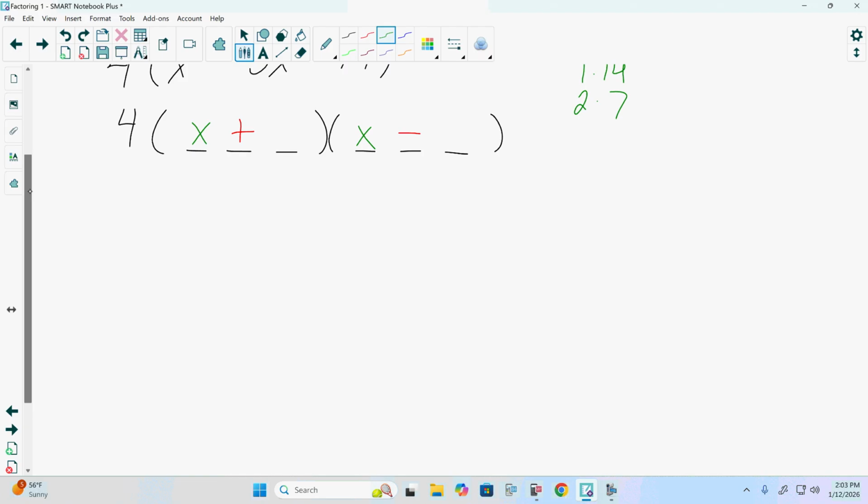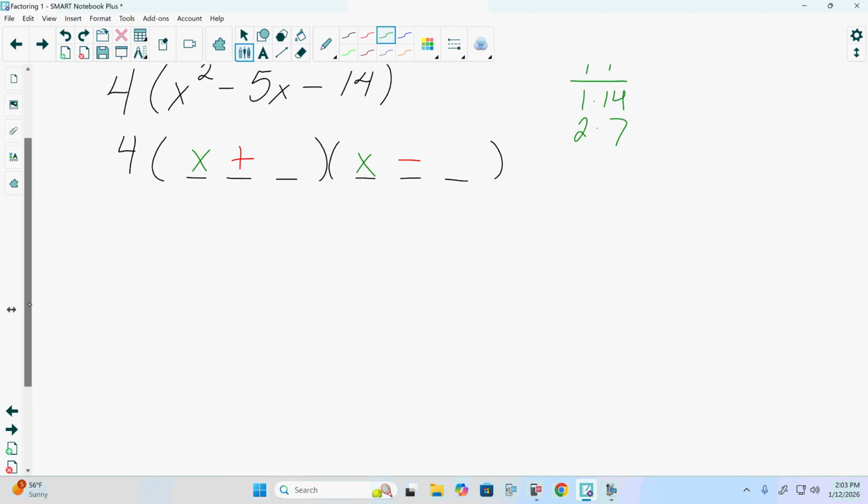Do we want to try 1 and 14 or 2 and 7? 2 and 7. X times negative 7 is negative 7x. Positive 2 times x is positive 2x. Negative 7x plus 2x, negative 7 plus 2 is negative 5.